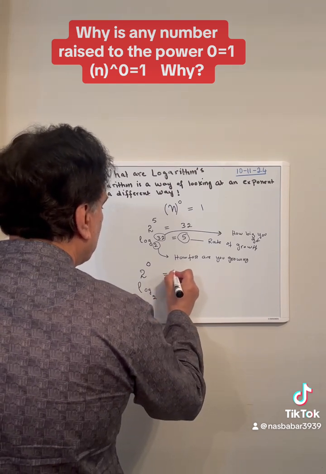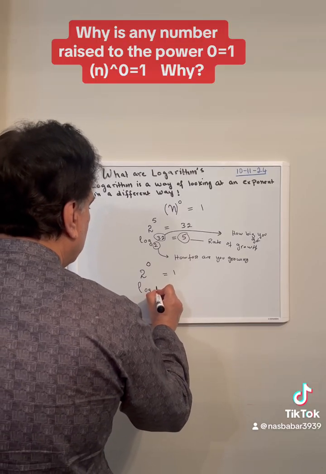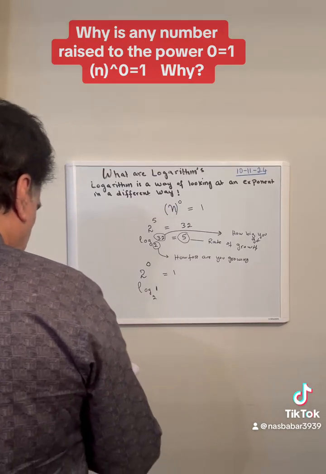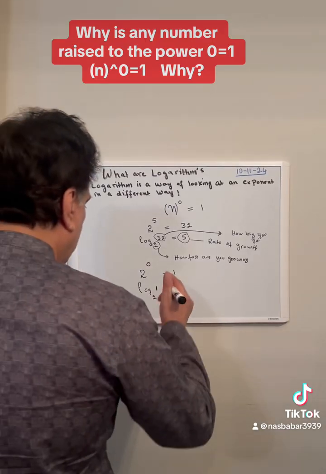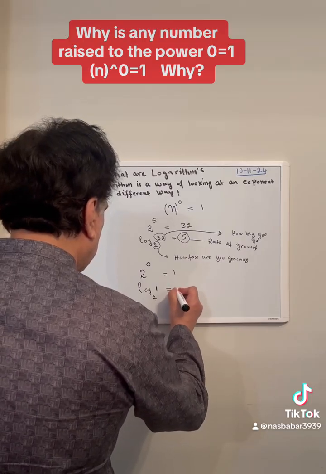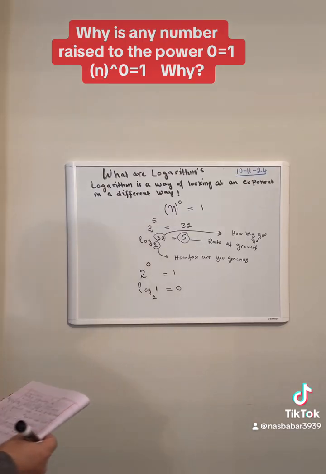I know 2 raised to the power 0 is 1. So log base 2 of 1 is going to give me what? It is going to give me 0, right? Do you agree with that?